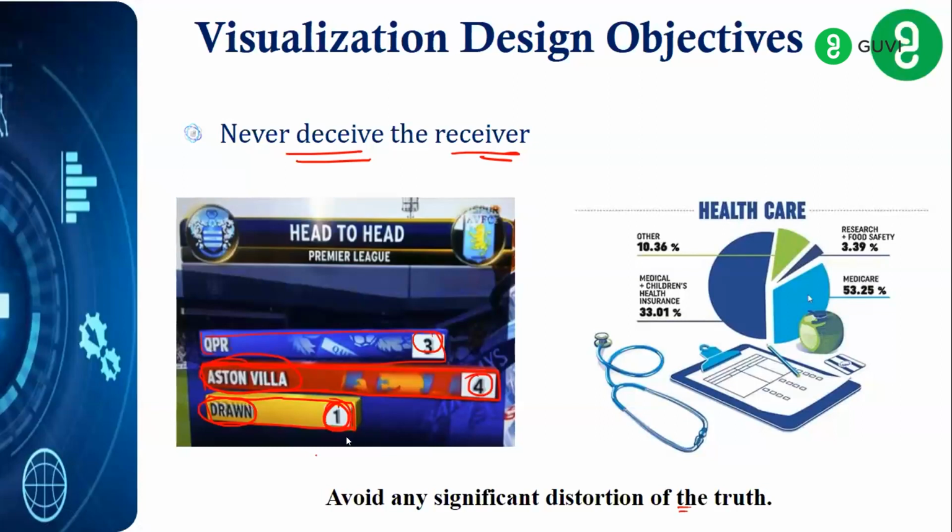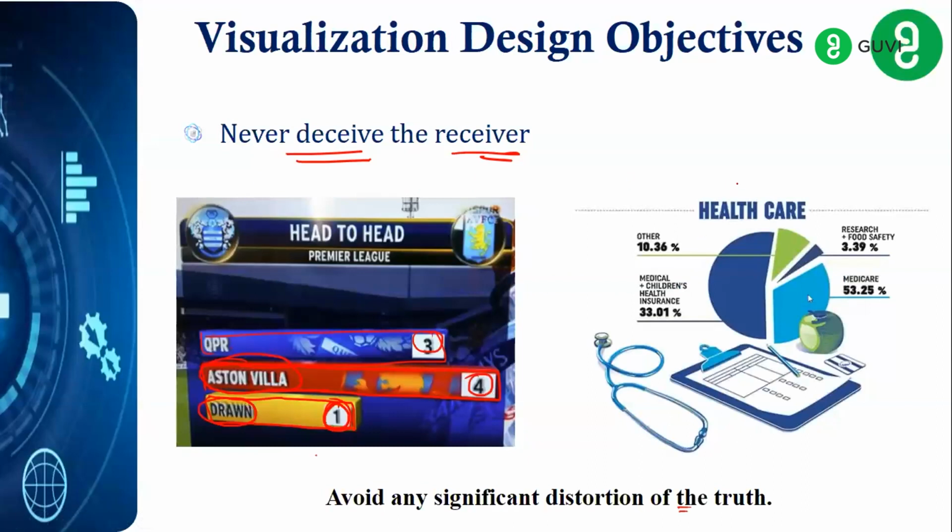Yes, we should use this quantification to represent this kind of bar graph instead of label size. Yes or no? So this is an irrelevant representation. So you are deceiving the receiver. Yes, you are deceiving the receiver.